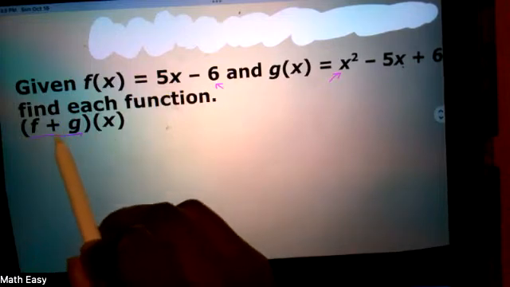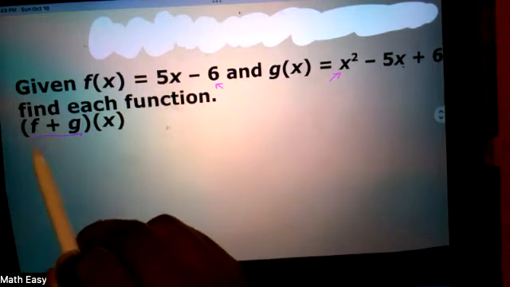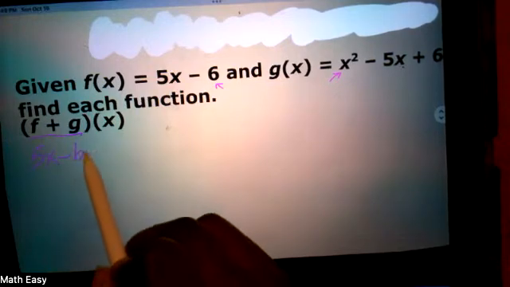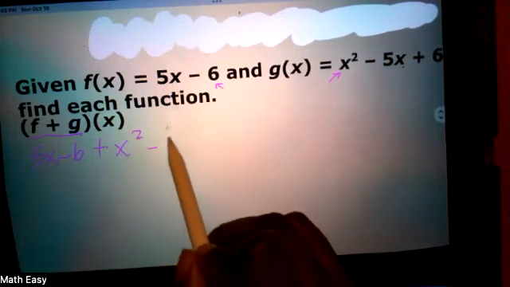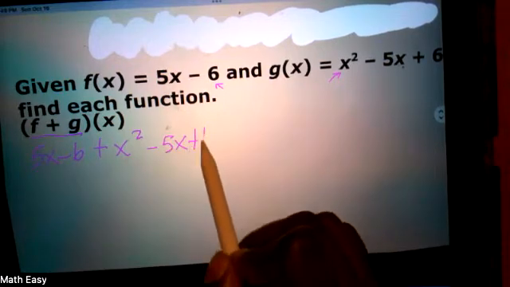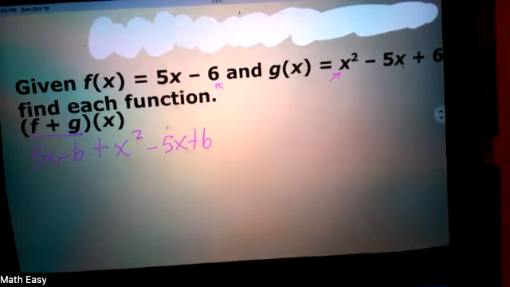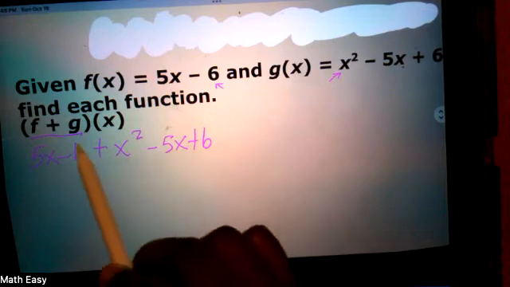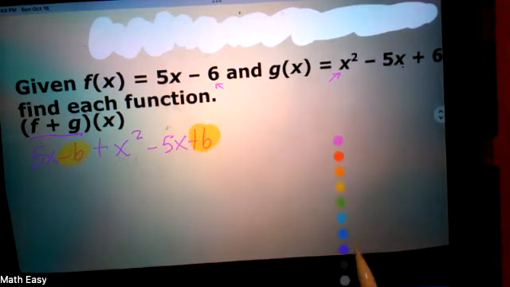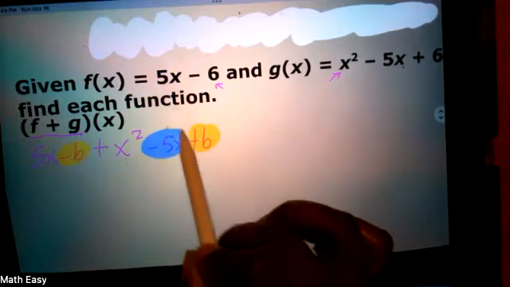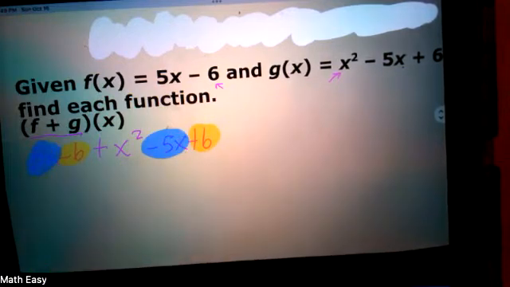So we have f of x, which is 5x minus 6, and we add that to x squared minus 5x plus 6. Again, we combine the like terms.